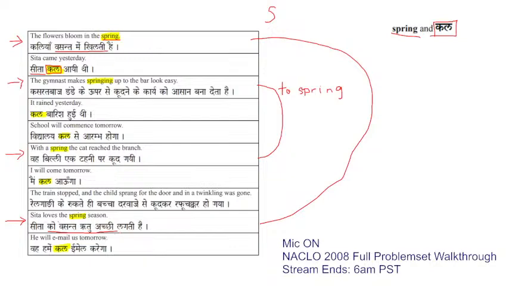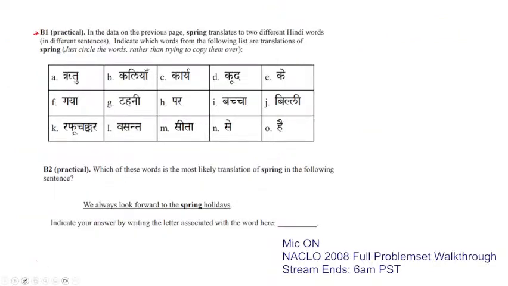Oh, okay. We found a common word over here. Yeah, no other common words. So I'm assuming one of the words for spring will be this one. Let's go over to our answer sheet. I don't remember how it looks.